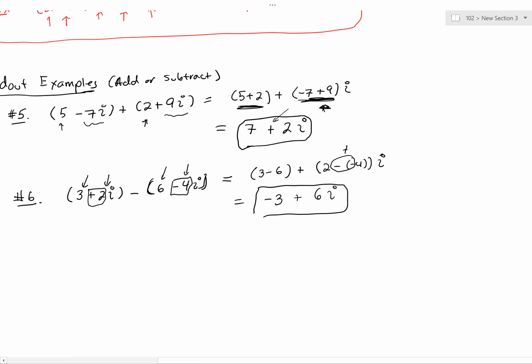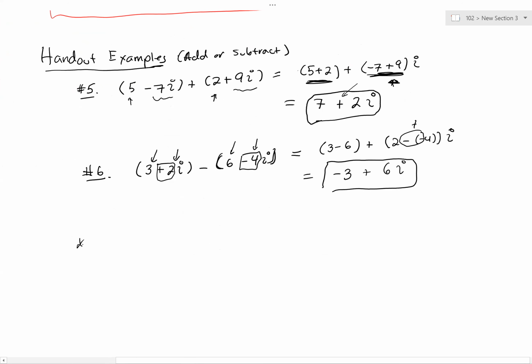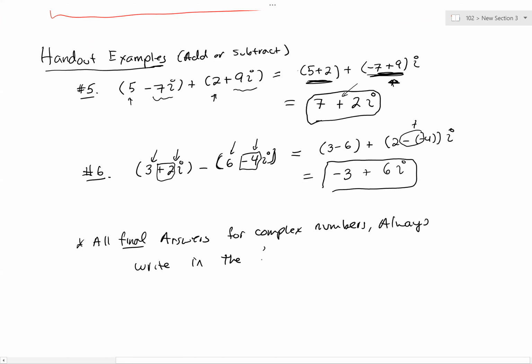And notice how I'm writing all of my answers. All final answers for complex numbers we always want to write in the form something plus or minus, could be a minus, something times i.